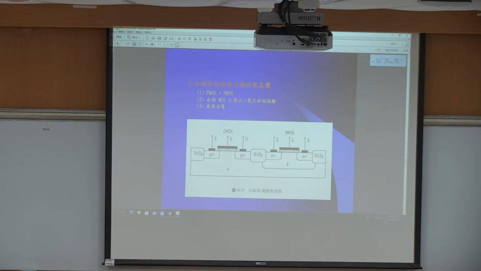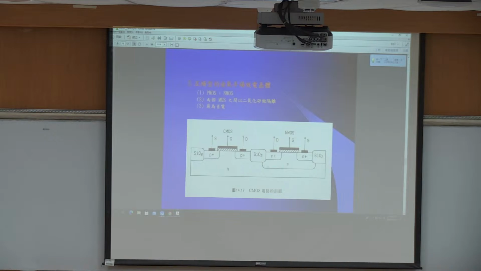So we can see that on the left-hand side is a PMOS, and the right-hand side is an NMOS. We combine these two devices very close together and connect the correct ports between each other, and it becomes a CMOS structure.